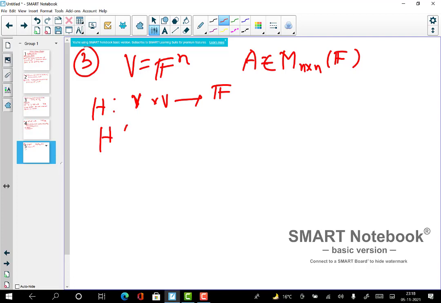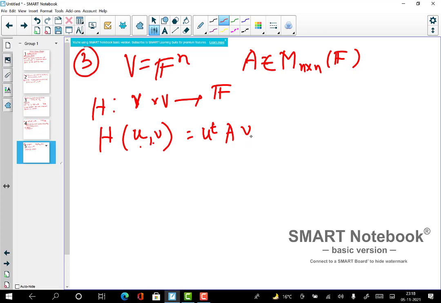So a map is you taking, say, vectors u and v, and then you are sending it to, so u and v are elements of V, but V is F^n, right? So this is containing a column vector. So you take u transpose, and then A, and v. So you understood? So this is an n cross n matrix, this is column vectors.